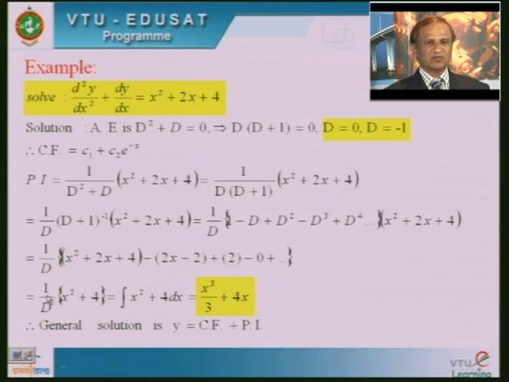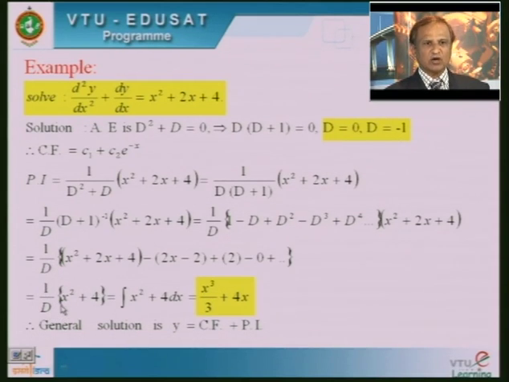After simplification, what will we get? I have written 1 upon D as it is. After simplification, you will get x square plus 4. Now, as I have mentioned, D is the operator, capital D is the operator. Exactly in a similar way, 1 upon D is also an operator.